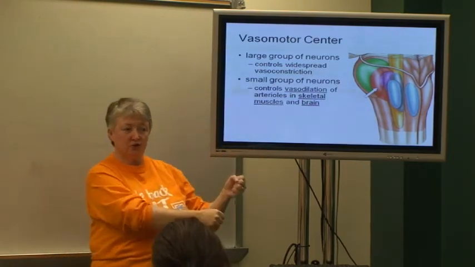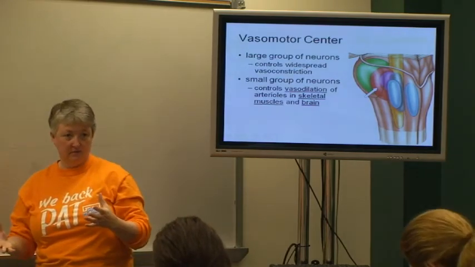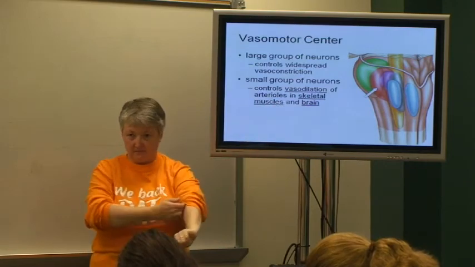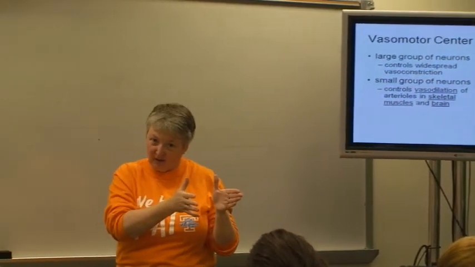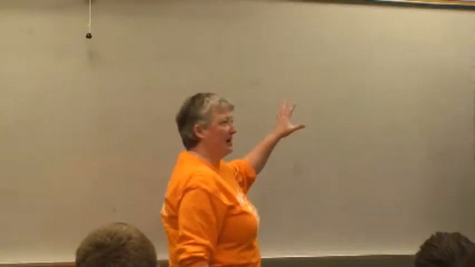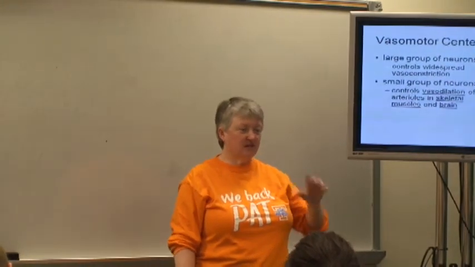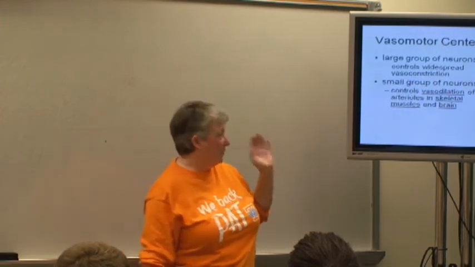You've got vasoconstriction of some arterioles and vasodilation of others, because you're trying to send the blood away from the non-essential, or at least momentarily non-essential parts of the body. So this is what I mean by you got to figure out where am I in the body, what's happening. Because you can't say, oh, well, everything constricts. No, not everything. Where am I, what am I trying to do?